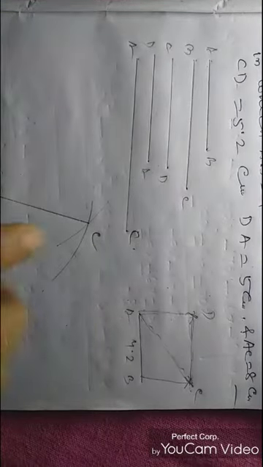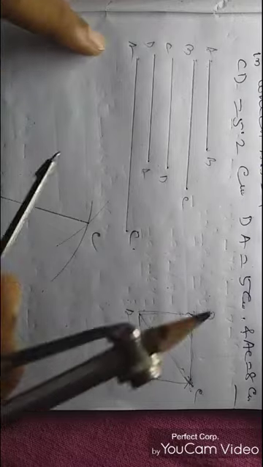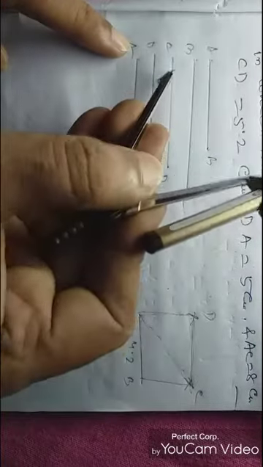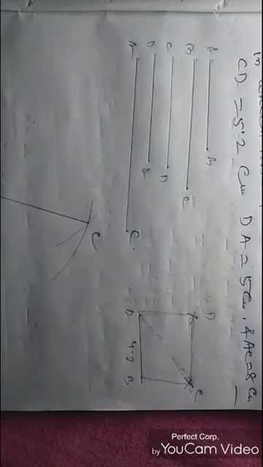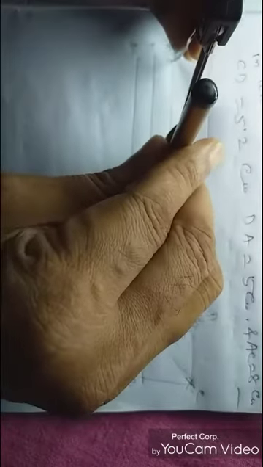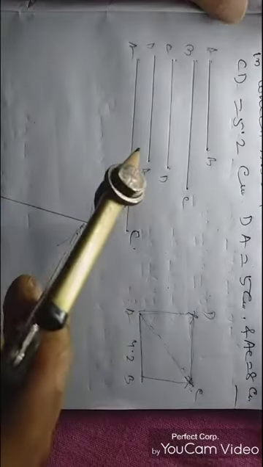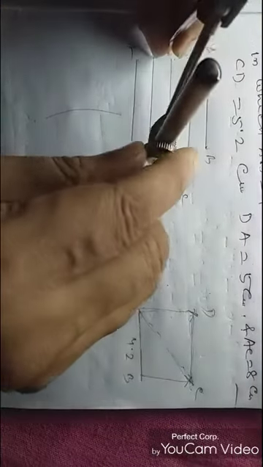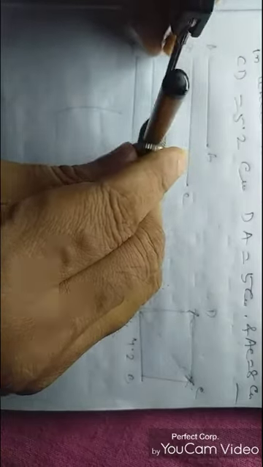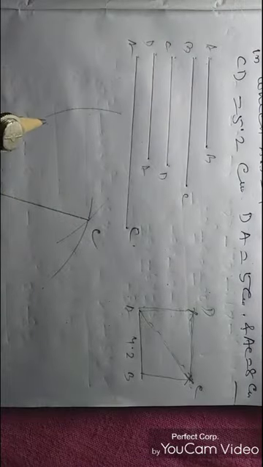Now from C and from A, measuring CD and DA, we draw two arcs over here. CD comes here, and DA, that is AD, comes over here.